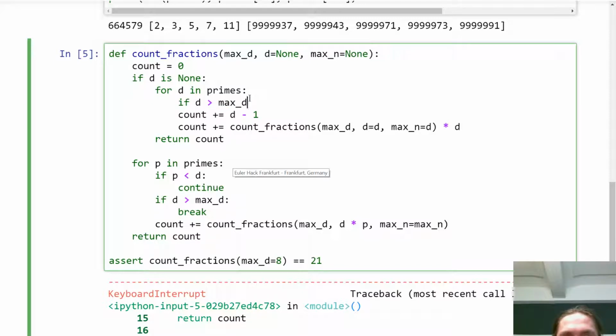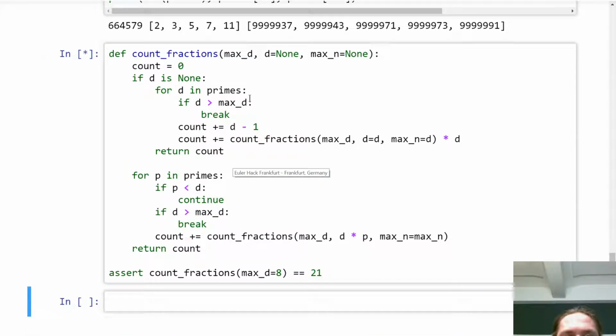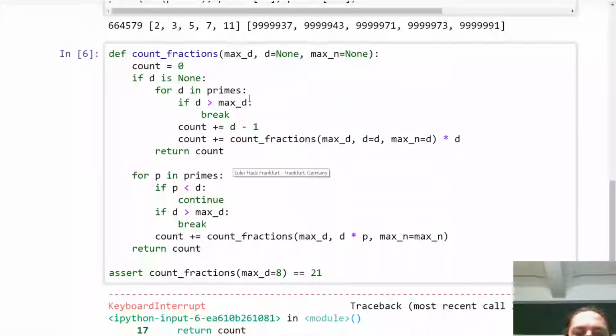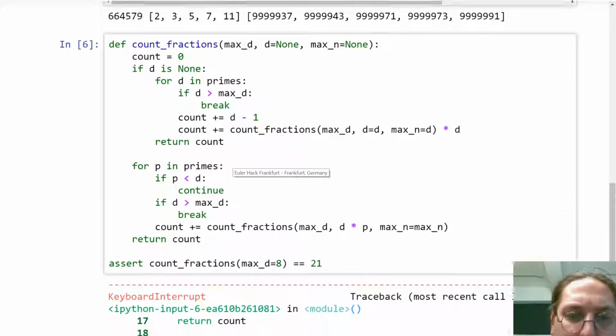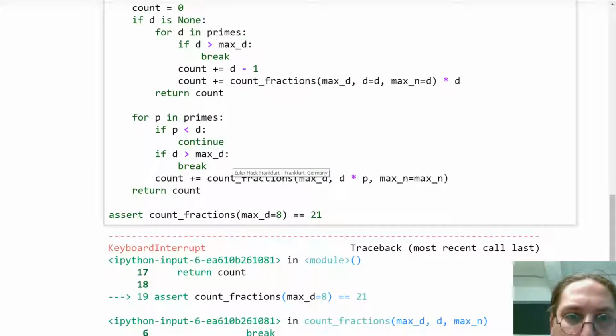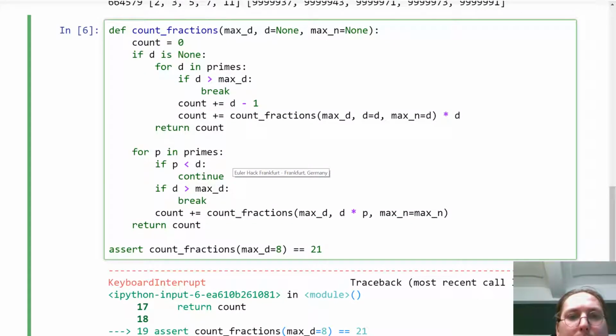And the candidates of 5 is 4. So this is 2 times 4, which is 8. And now we do another.